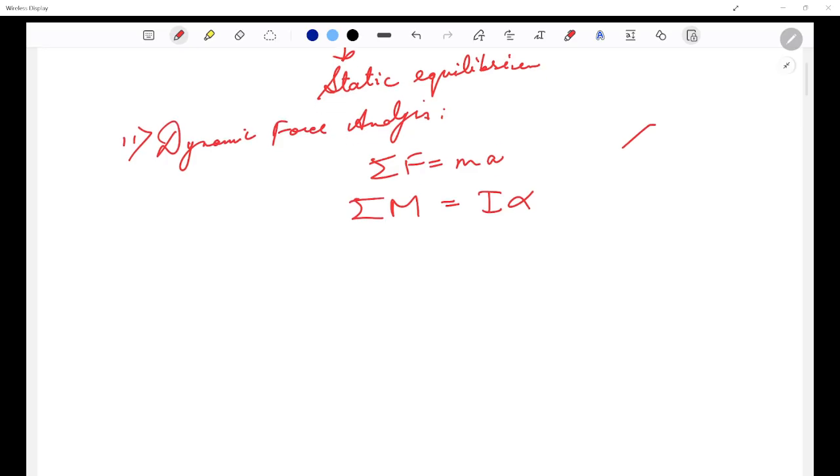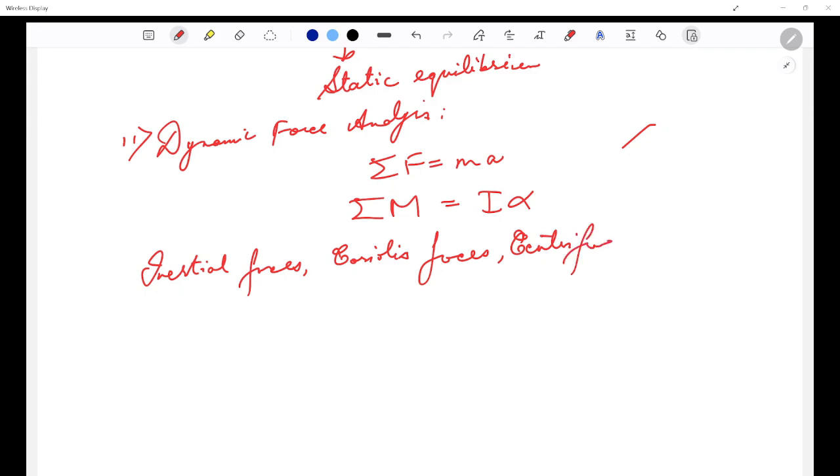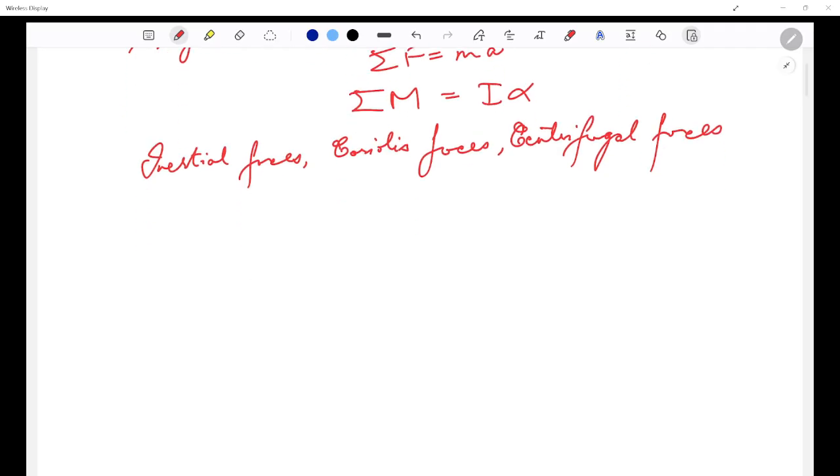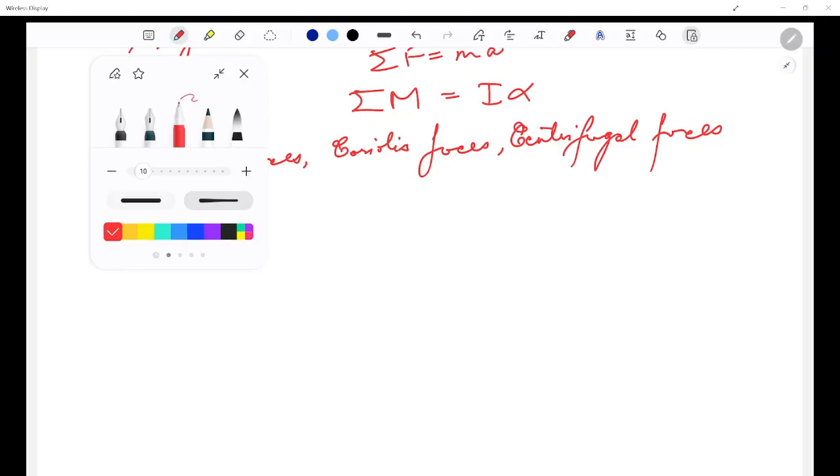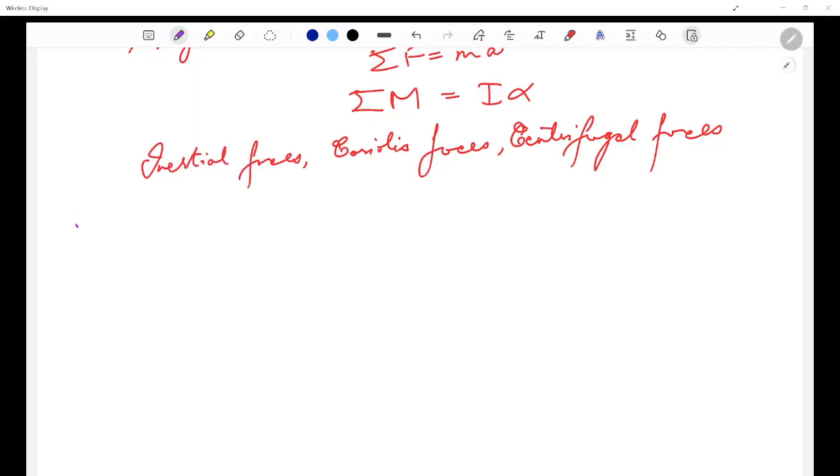So dynamic force analysis includes inertial forces, Coriolis forces, and centrifugal forces. Okay. But in this lecture, we'll mostly focus on static force analysis. There are a few assumptions in static force analysis, and what are they? Number one, links are rigid bodies.